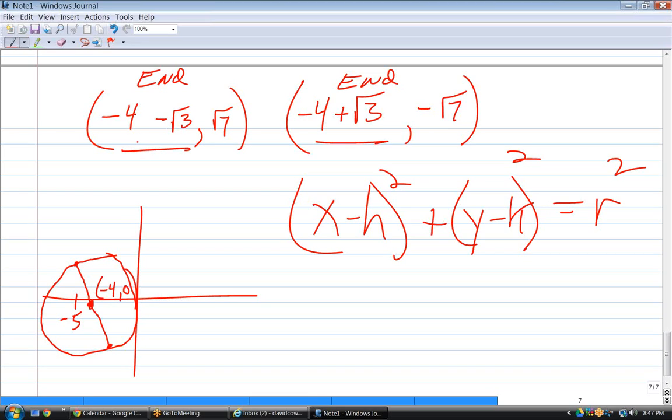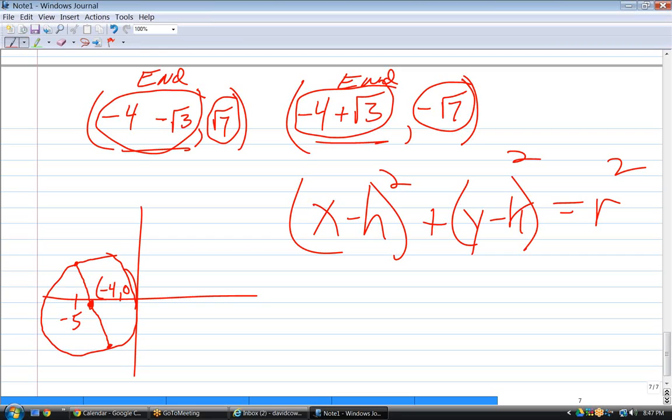Now, I got that by finding the midway point between the x coordinates, which is minus 4, and the midway point between the y coordinates, which is 0. That's how I got the center of the circle.